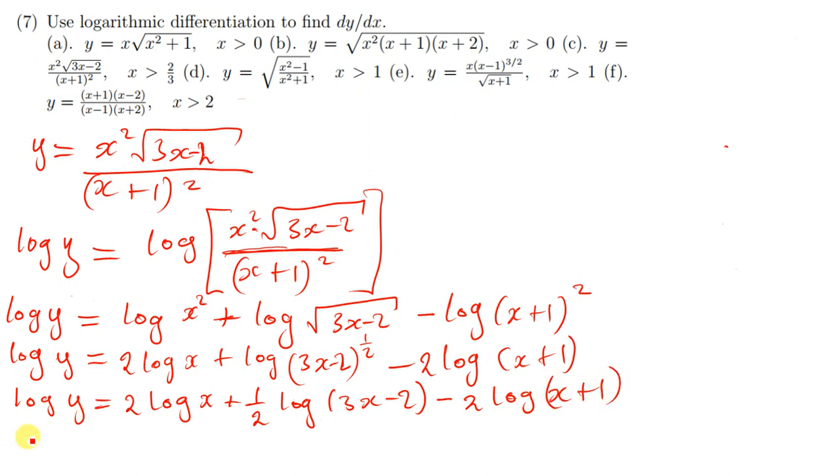So now we can differentiate. When you differentiate this part, we're going to get dy/dx. We're differentiating using implicit differentiation, so we say when you differentiate this part you get dy/dx, then we divide by the original function, which is y. So this is just the same as multiplying dy/dx with 1 over y.